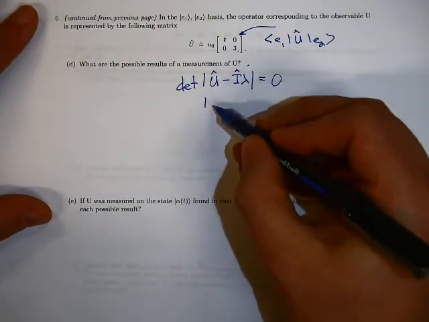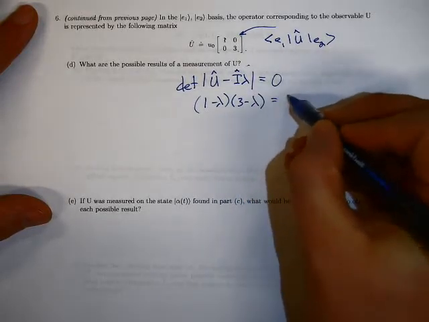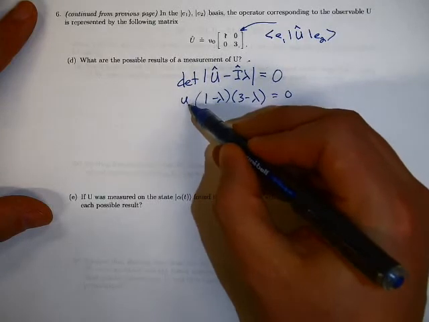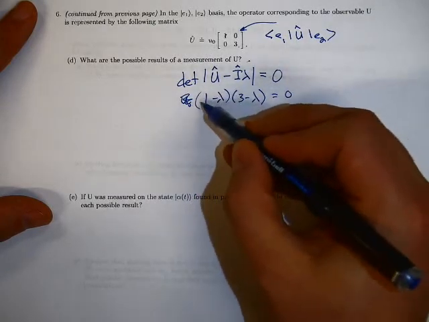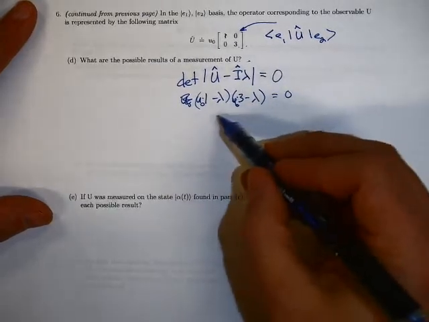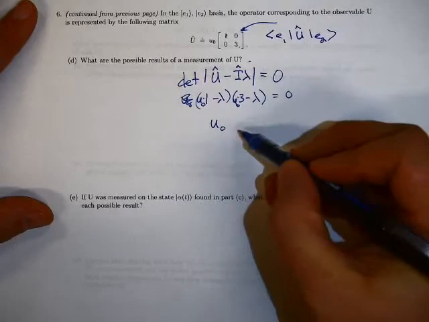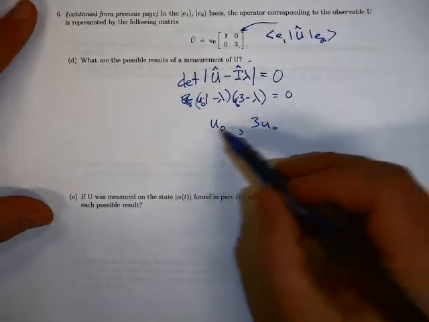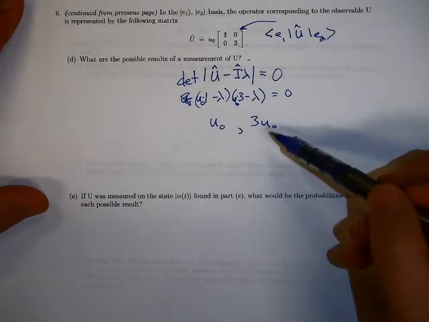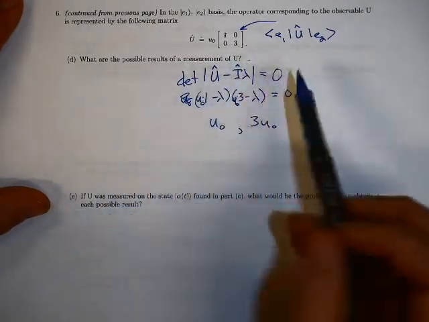You're just going to get 1 minus lambda times 3 minus lambda is equal to 0. Actually, that should be 1 U naught and 3 U naughts. Anyway, the solutions are just the diagonal elements. So U naught and 3 U naught are the eigenvalues of U, and therefore they are also the things that you could measure if you measured U.